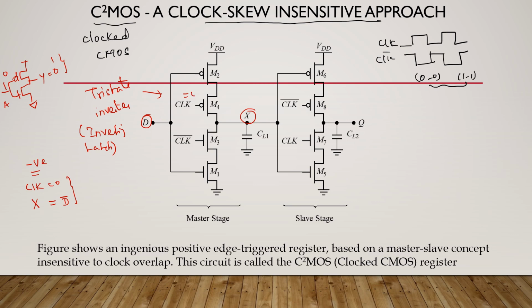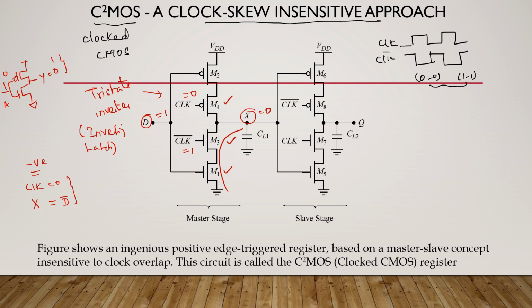When my clock is 0 and the clock bar is 1, at that time M4 is on, M3 also on. Depending upon my input, for example, if my input is D equal to 1, this transistor will go on. So you will get output equal to 0, right?